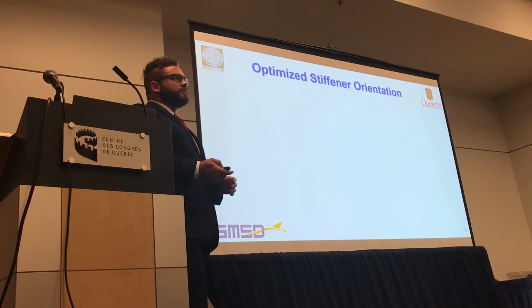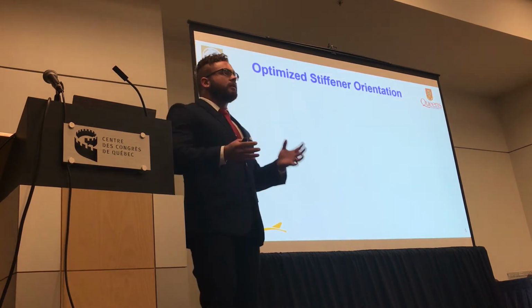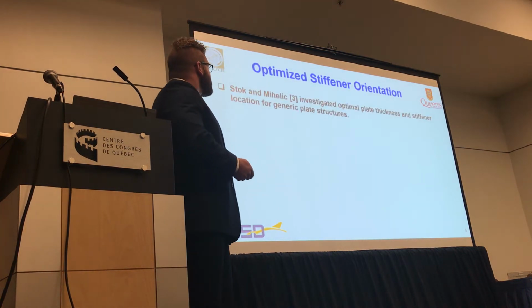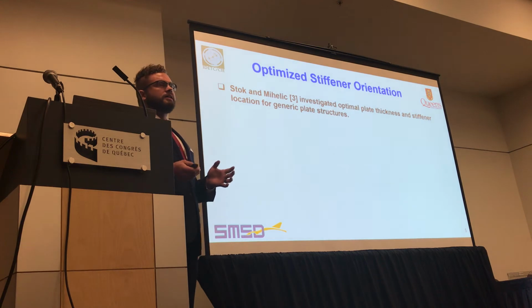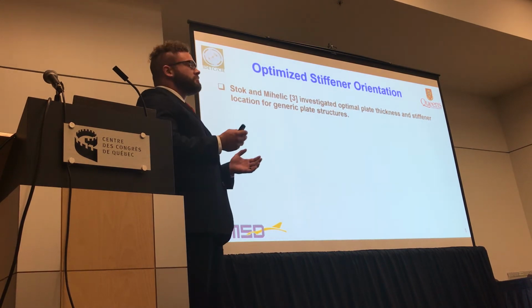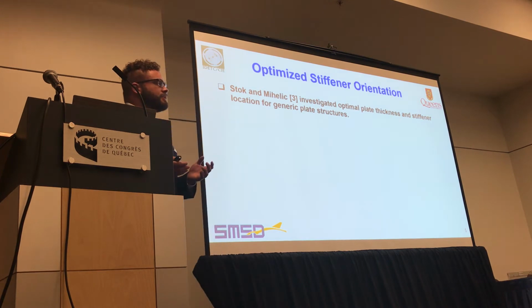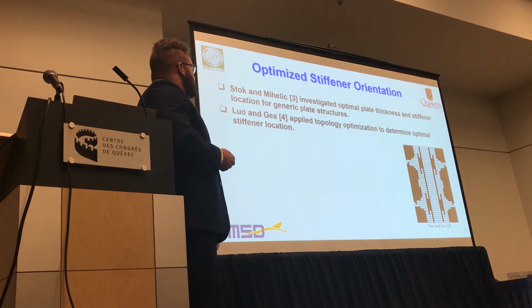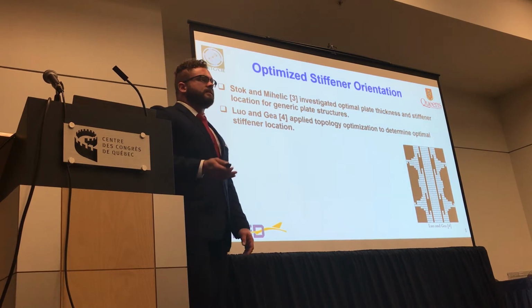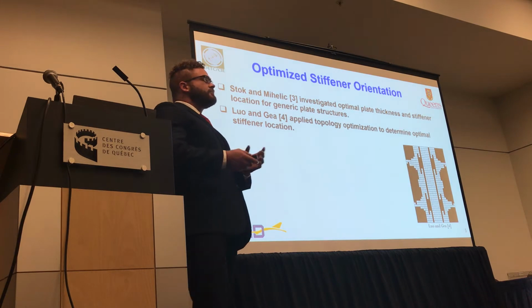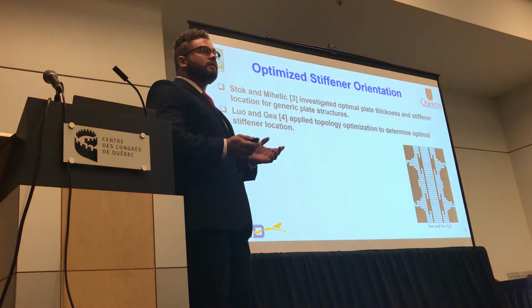So let's take a look at how bulkheads have been optimized in previous literature. This started in about 1996 when researchers first investigated optimal plate stiffness and stiffener locations for generic plate structures. Then this technique was updated in about 1998 with the introduction of topology optimization to determine optimal stiffener location.